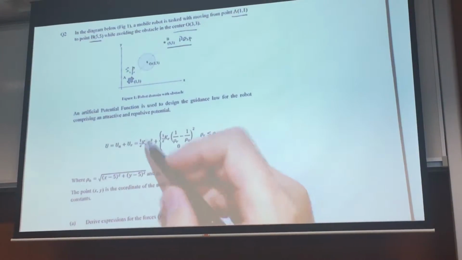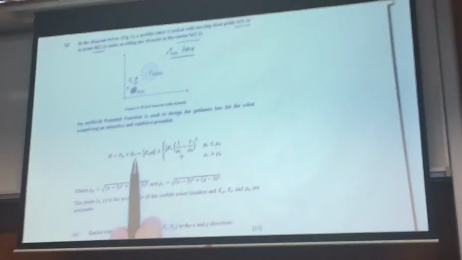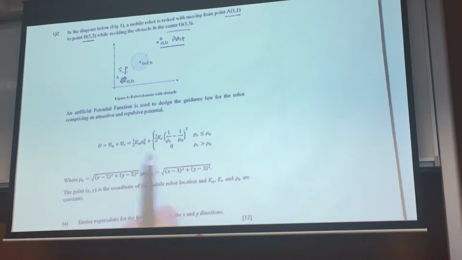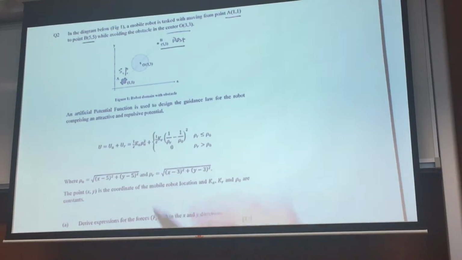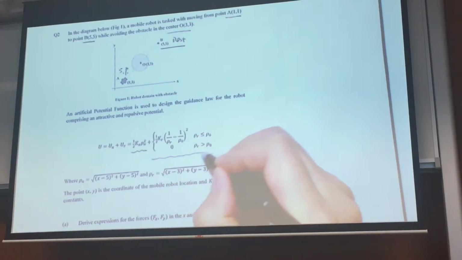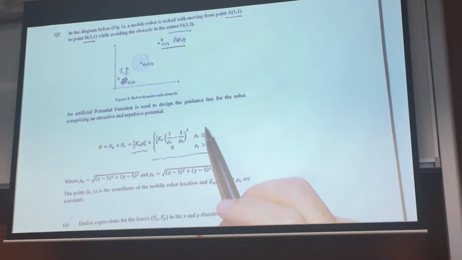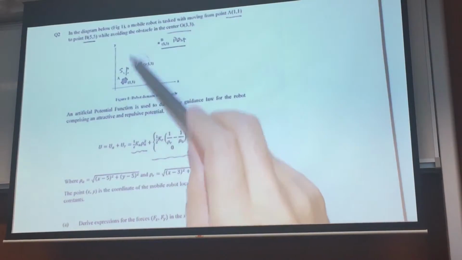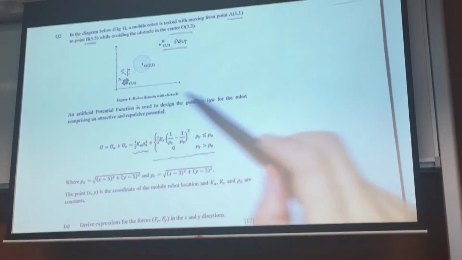So the attractive potential and the repulsive potential are also defined exactly as in the lecture. So these are the attractive potential and these are the repulsive potential. The attractive potential is available everywhere in the field.